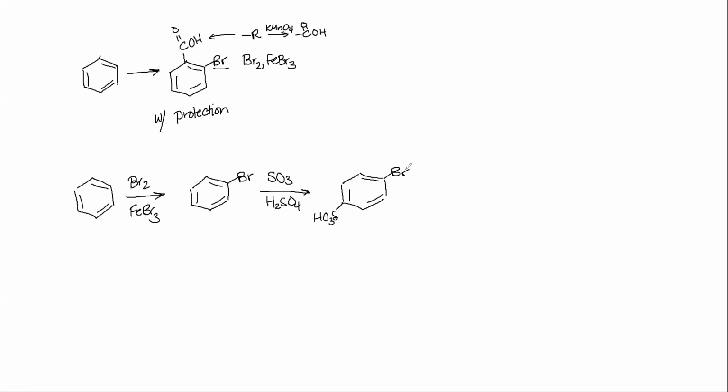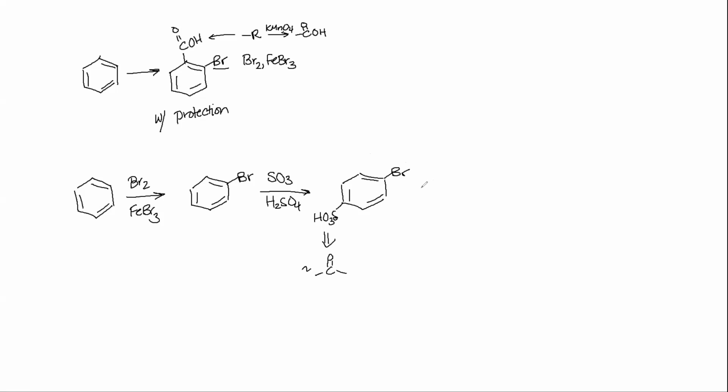And the bromine is still going to be the director here, because it's the least electron withdrawing group. According to that one chart, this group is probably equivalent to a carbonyl. So since the bromine is higher up on the chart than the carbonyl, it will do the directing.